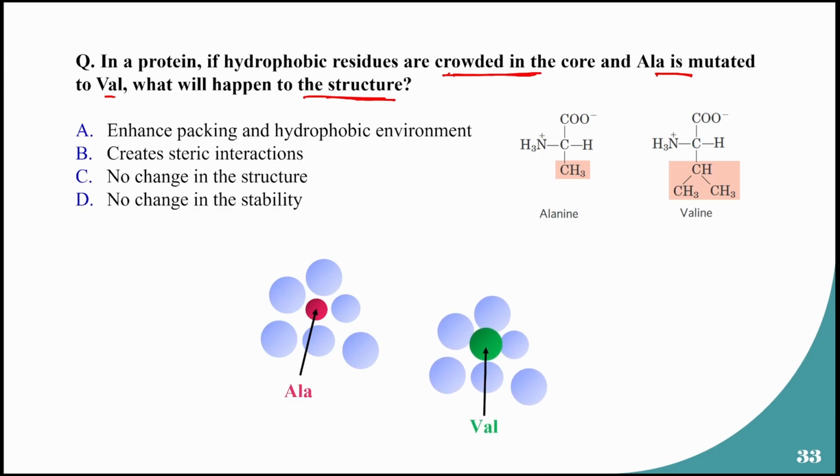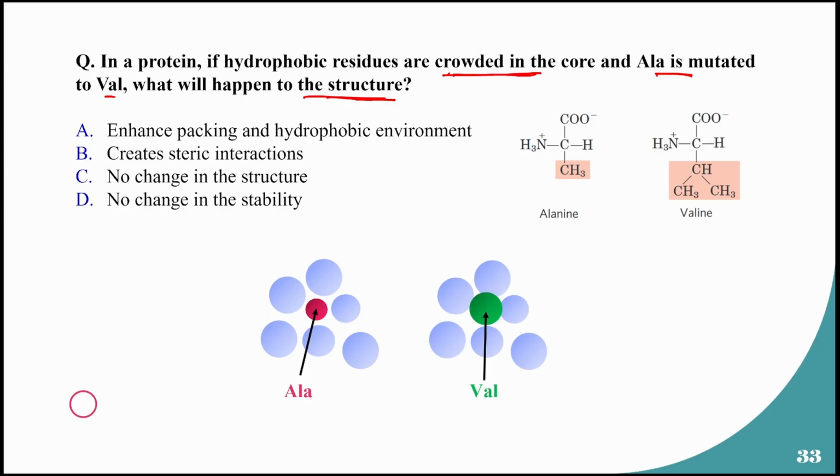If you suddenly change this alanine, which was nicely packed in the structure, to valine, due to the bulky nature of the side chain, it will create steric hindrances. So will that be a stabilizing or destabilizing mutation? It will be a destabilizing mutation because steric hindrances are being created here.